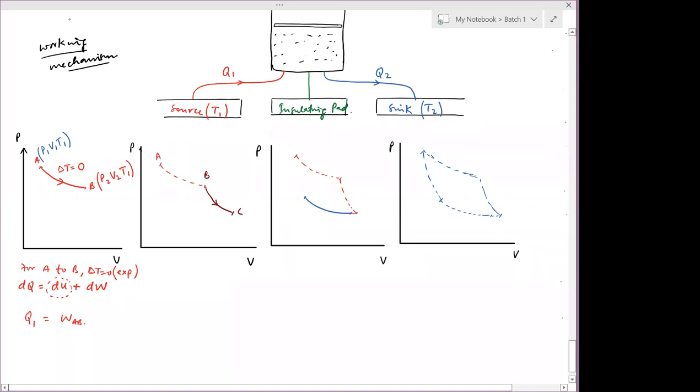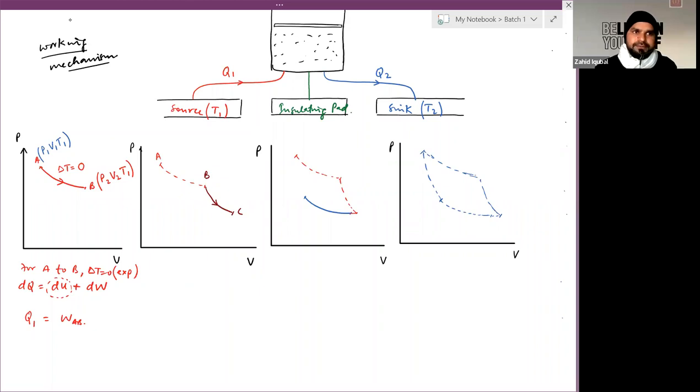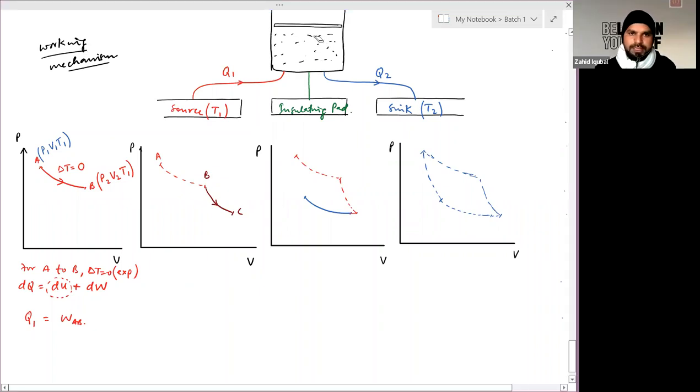Now, at this point, the vessel reaches the insulating pad, from which there will be no exchange of heat between these two systems. But on absorption of Q1 amount of energy at constant temperature, this heat supplied to the system is utilized only in work done.